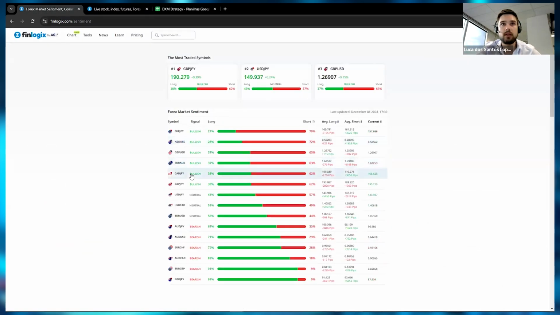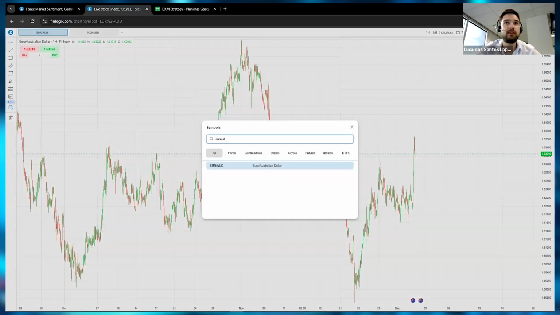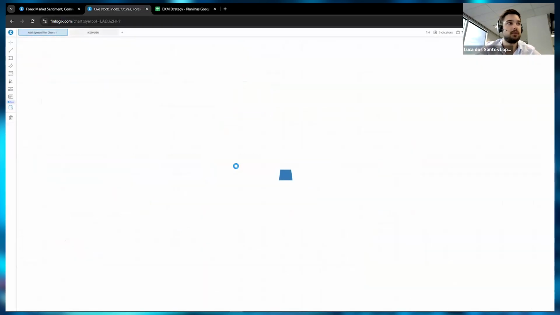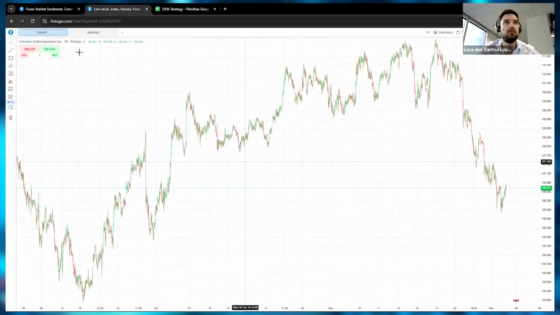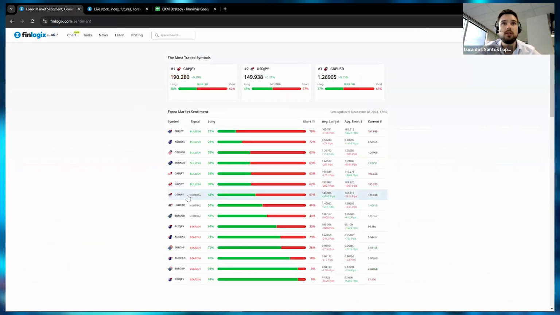So CAD JPY bullish. Everything seems a little bit off today, but at least we got some trade on NZDUSD. JPY bullish. Nah, I'm not longing this. USD JPY neutral, USD CAD. Nah. Euro dollar neutral, Aussie JPY bearish.